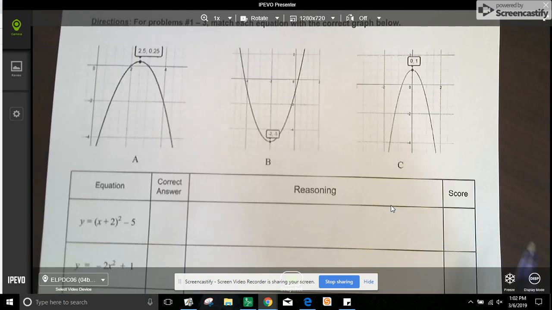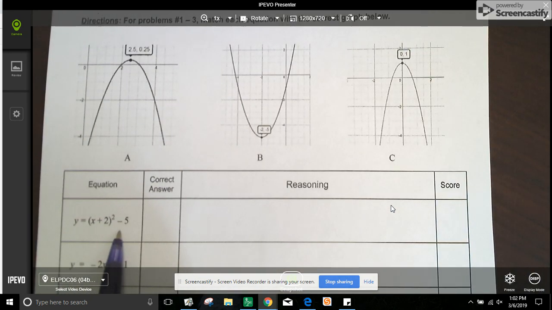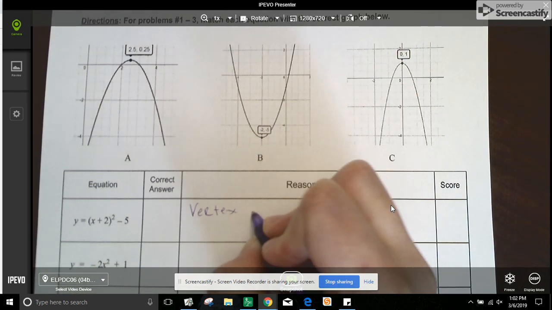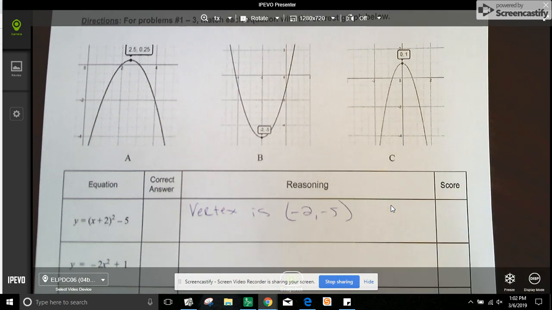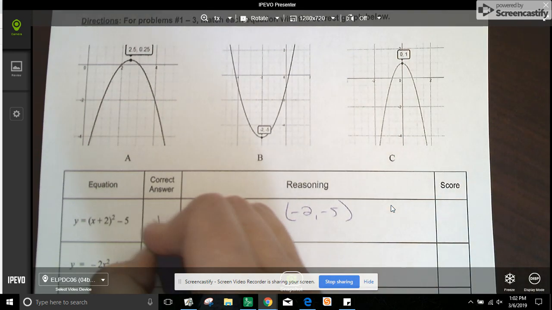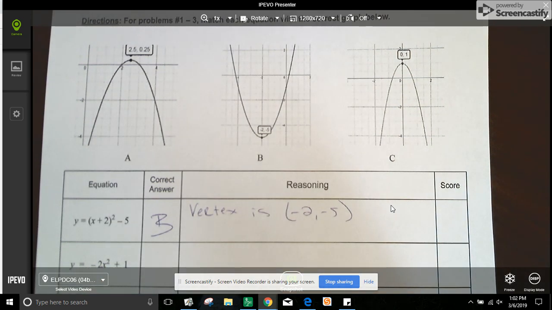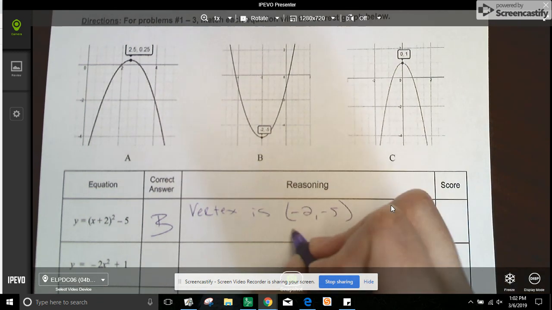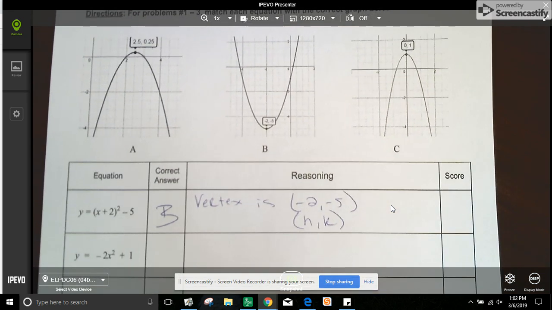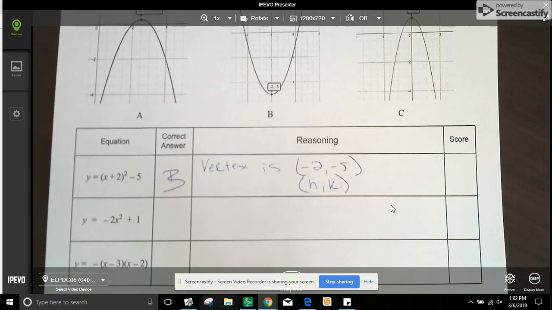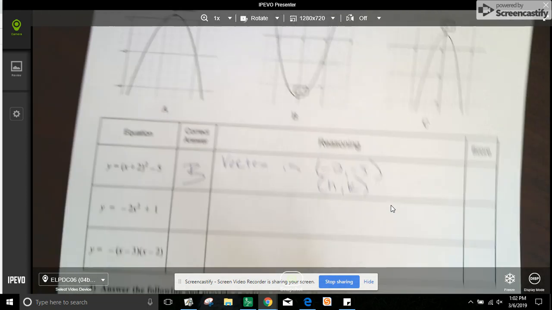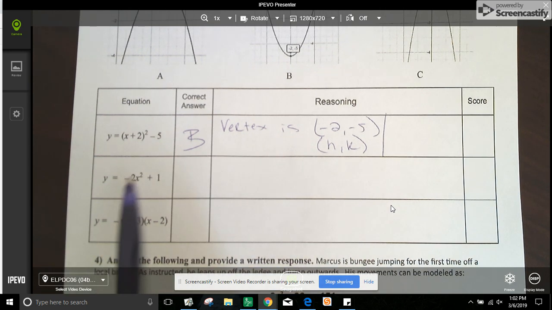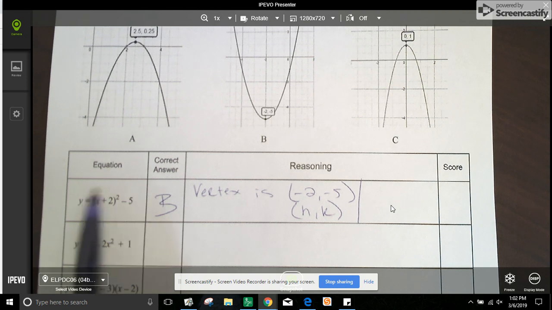So for instance, the first one here, if you notice it's in that HK form, so my vertex is -2, -5, which would be B. Or the other thing you could have said is, these 2 were both negative, so both of these are opening down. So this is the only one that was opening up.